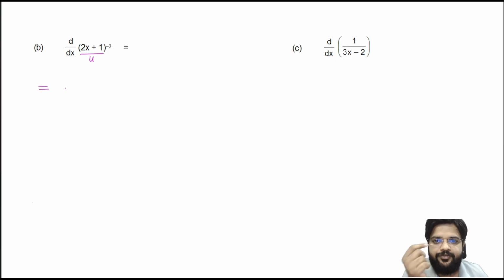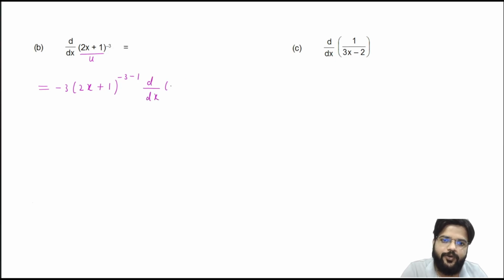If I differentiate the power, it is minus 3, (2x plus 1), and now minus 3 minus 1. Correct? And then differentiate this function, which is 2x plus 1. So in the next step, we will write dy by dx of 2x plus 1. Correct?